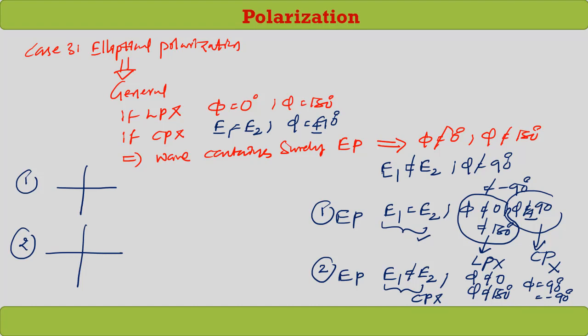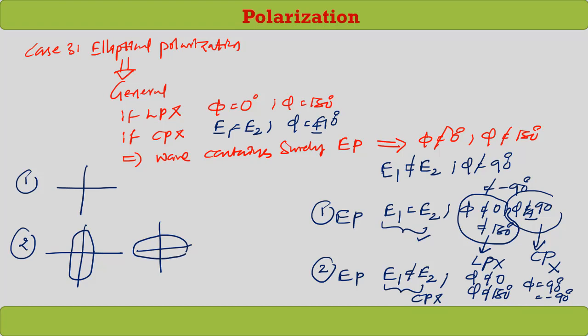Left-handed elliptical polarization: since we don't have equal values for E1 and E2, the ellipse major axis will be oriented along the y-axis, or along the x-axis.